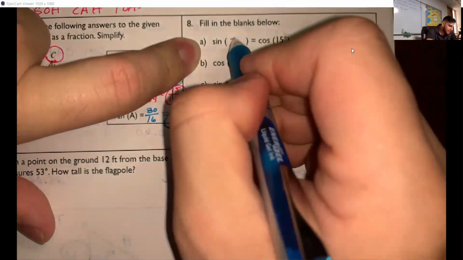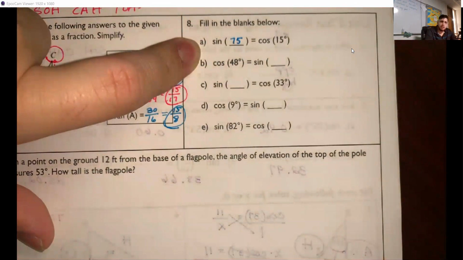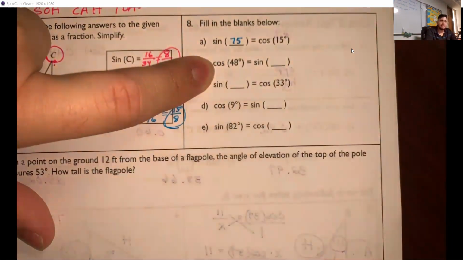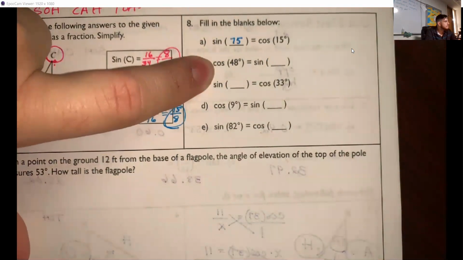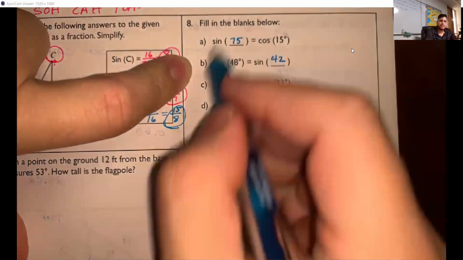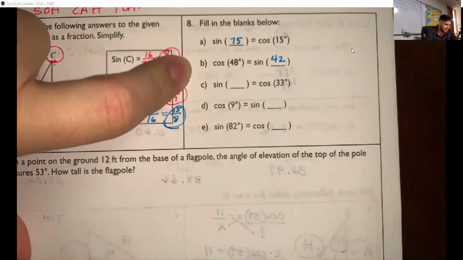So sine of 75 is equal to the cosine of 15. All right? Cosine of 48 is the same thing as sine of what? 42. All right, this shouldn't even take you a minute on the test, right? Just subtract 90 from the other number.